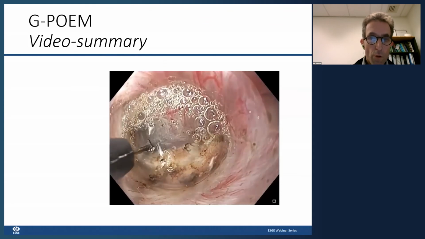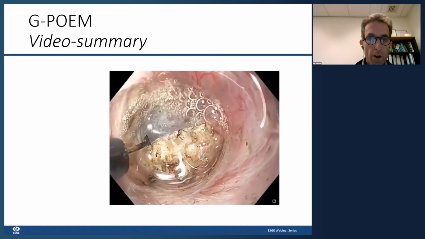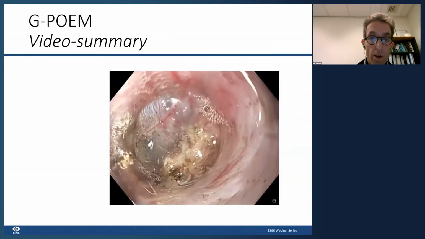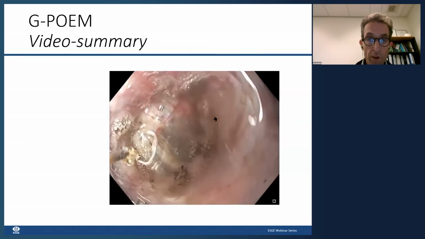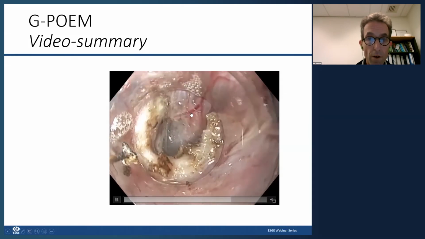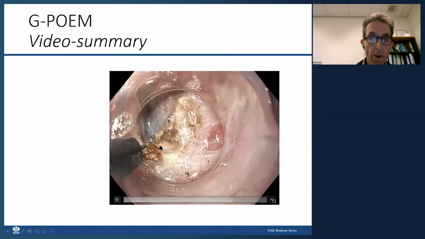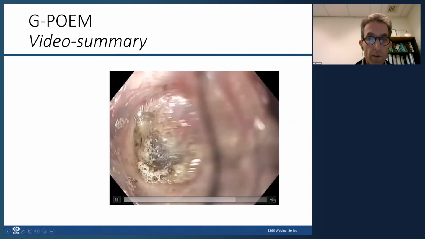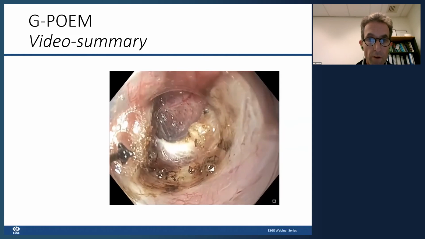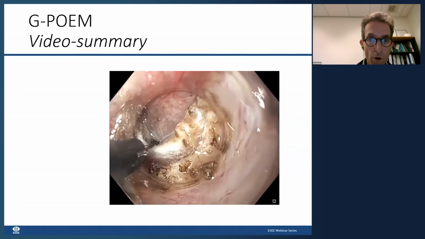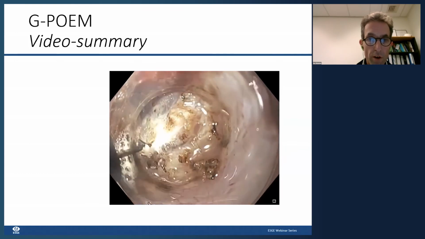So you can also appreciate that the pyloric muscle can be quite thick. You can see the margins of the pylorus here, which is already a cut. So it's quite a deep cut here, but I have to cut deeper to get a complete myotomy. And this is the final fiber of this part of the pylorus, which is cut here.